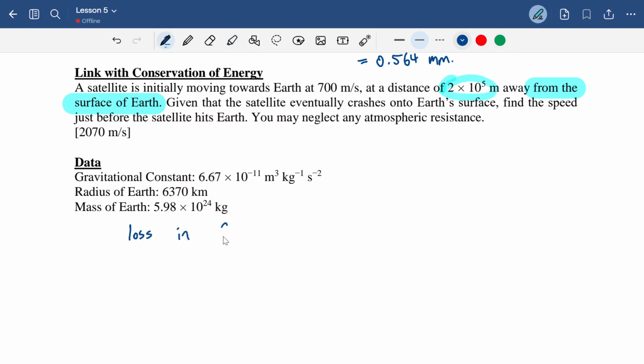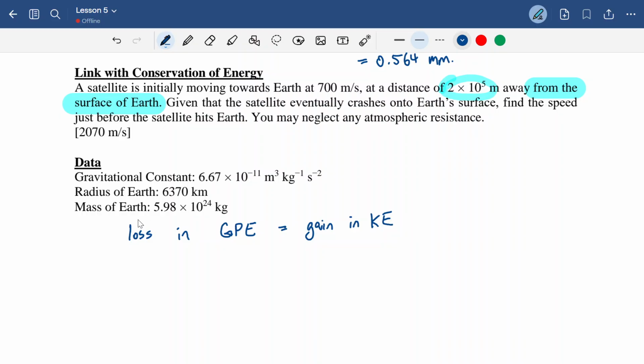in GPE equals gain in KE. Loss in GPE equals gain in KE. Now, loss in GPE is not mgh here, because we are no longer using mgh. It's far enough.